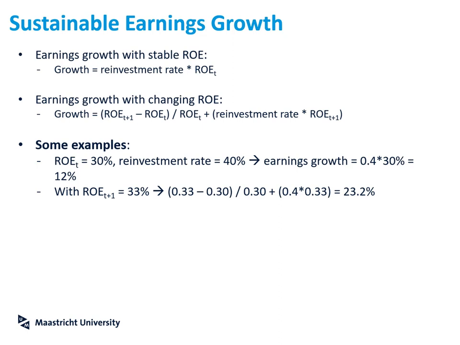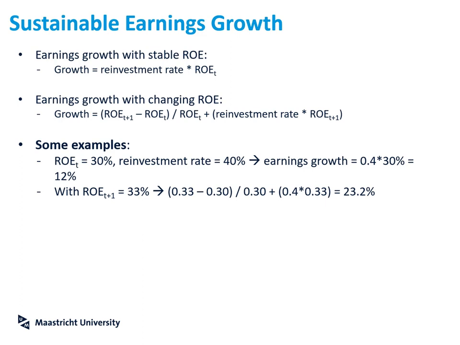Now let's look at two examples, and the first one is most closely related to the traditional sustainable earnings growth formula, where we say that we have an ROE of 30% and we reinvest 40% of our profits back into this firm. If we look at the sustainable growth rate formula, that would tell us that next year we can grow our earnings with 12%.